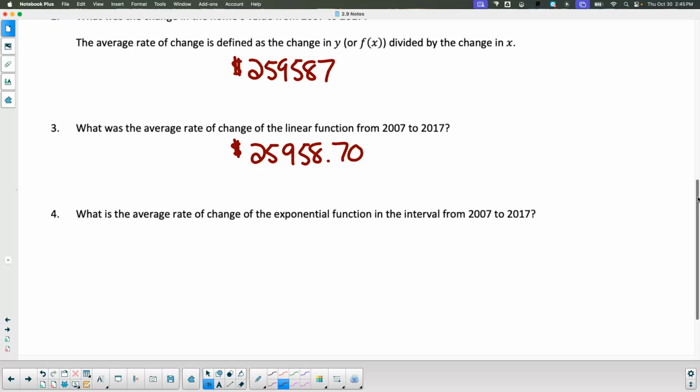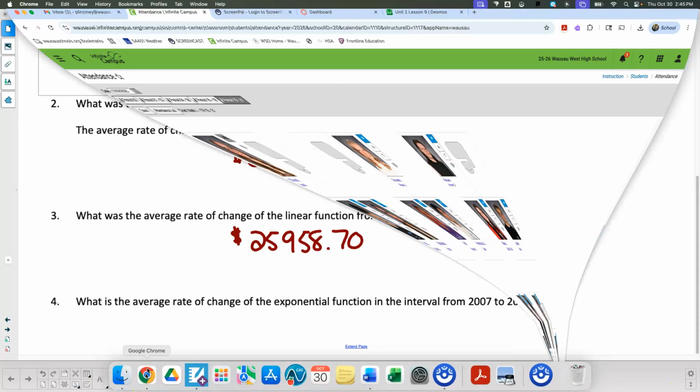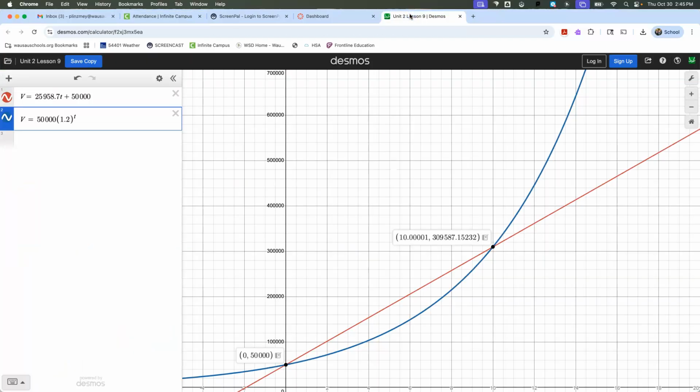Would it help if you saw the graph? Okay, let's see. I'll show you the graph. Here's the graph. The red line is the linear function that we came up with. The blue curve is the exponential that we came up with.